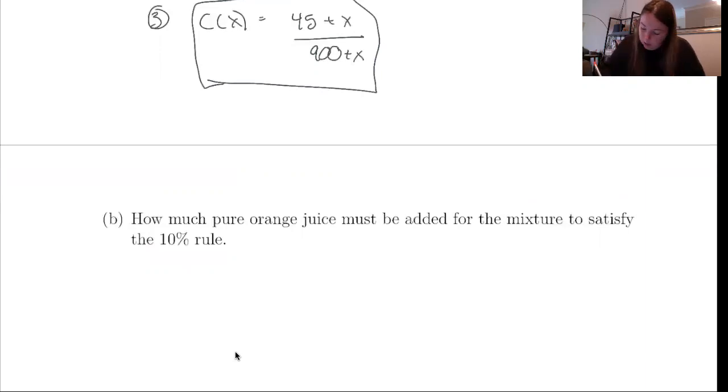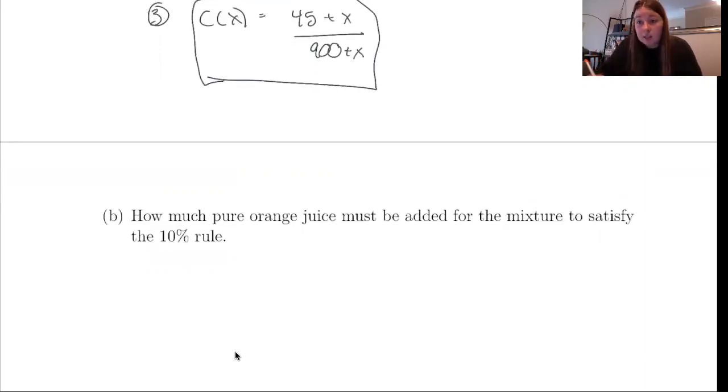Okay, cool. So 10%, remember we need to talk about things in decimals. So I want my concentration. So how much pure orange juice do I want? X when my concentration equals 0.1.